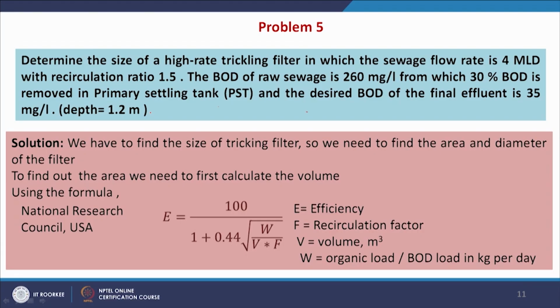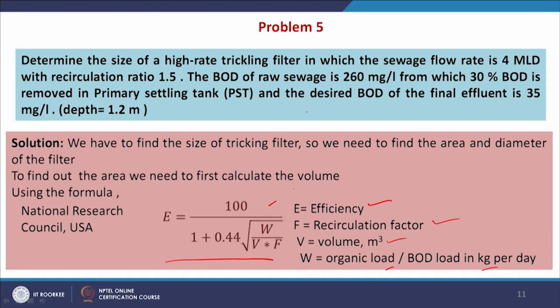We will be using this empirical relationship: E is equal to 100 divided by 1 plus 0.44 into W by V into F, where E is the efficiency, F is the recirculation factor, V is the volume of the trickling filter, and W is the organic load or BOD load in kg per day. So, these are the different terms used in this empirical relationship.